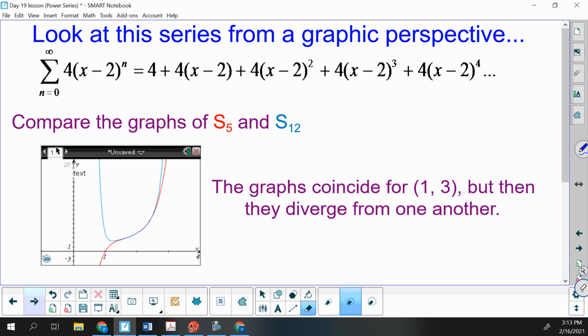So if we look at that series we've been working with from a graph, you can see it appears that around from 1 to 3, that's where it is matching nicely, and then outside of there it does not match as well.